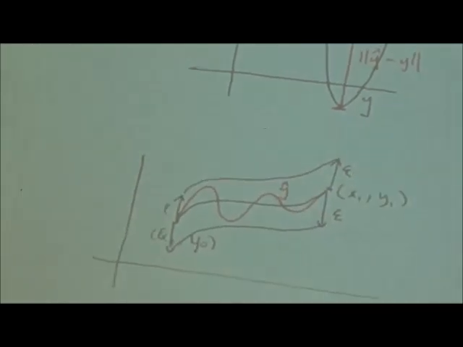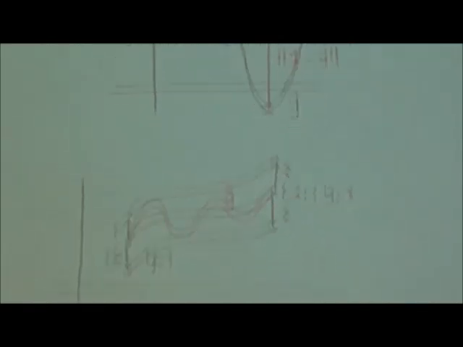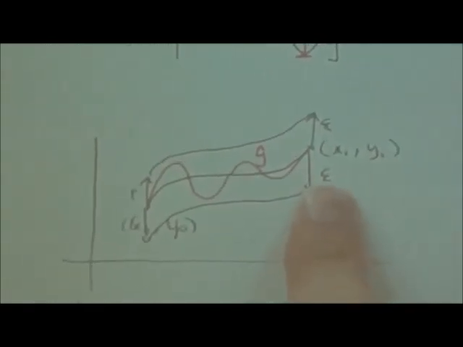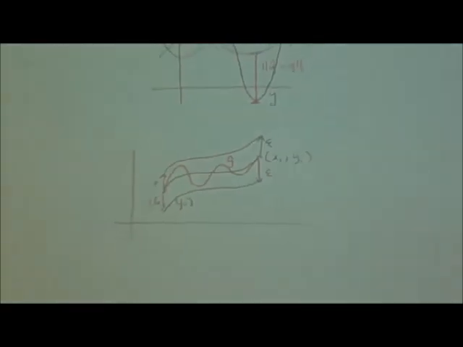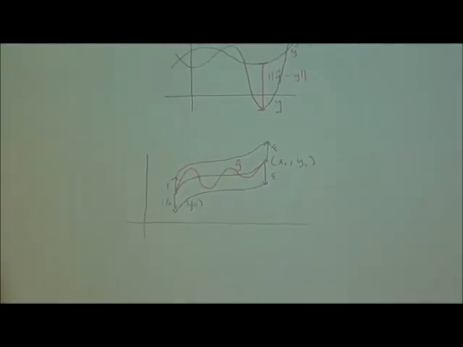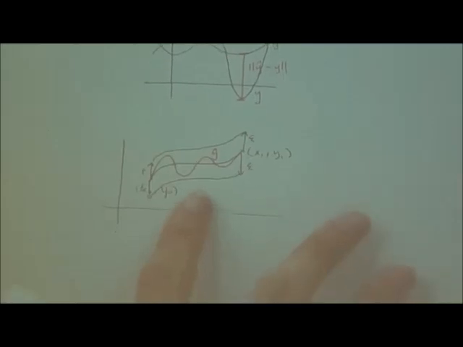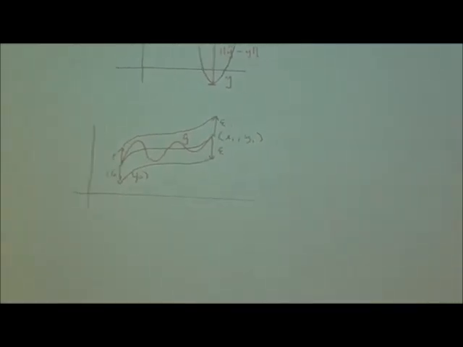So y hat lies completely inside this strip here. And you can think as epsilon approaches 0, the strip is going to get narrower and narrower, and y hat will approach our minimum or maximum y.